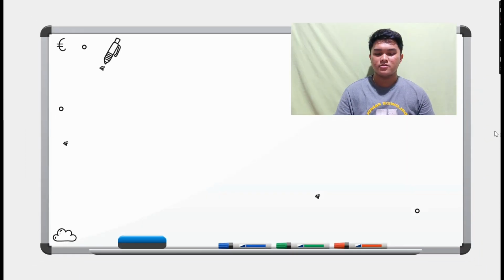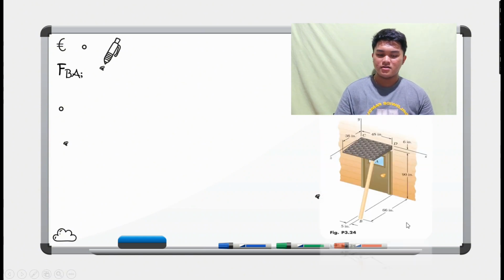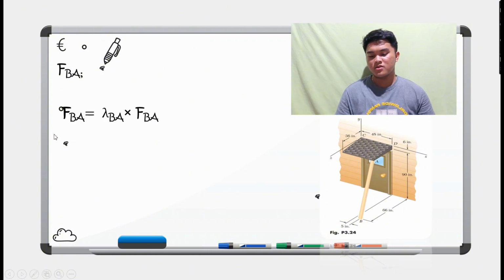So going back in here, we are going to find the components of our FBA. As we can see in here, we have our figure, because this will be useful in finding the components of FBA. To find FBA, we are going to use this formula, which is the unit vector BA multiplied by force BA. Force BA right here is the given force from the problem.